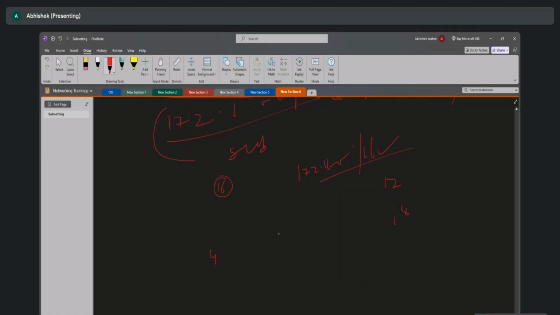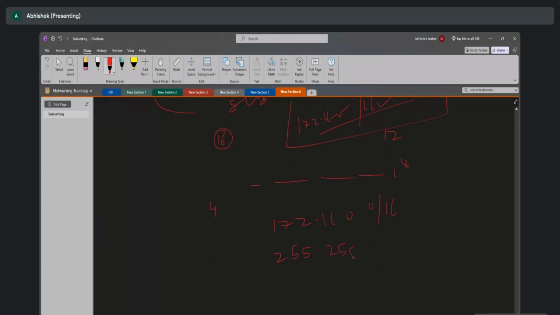It's 16 what we have here, right? So when it is 16, we are not borrowing anything from the host bits in order to create subnets. We are just mentioning that this is the IP address 172.16.0.0/16, which means 255.255.0.0. Simple. So there is no VLSM here. There is no subnet mask here to indicate that this is a subnet.